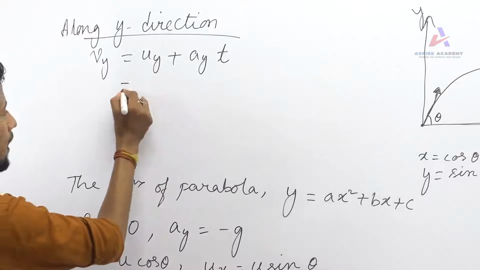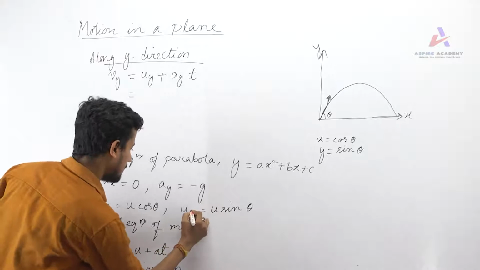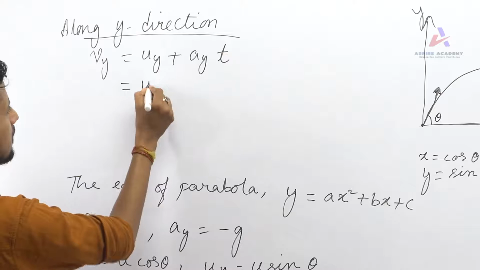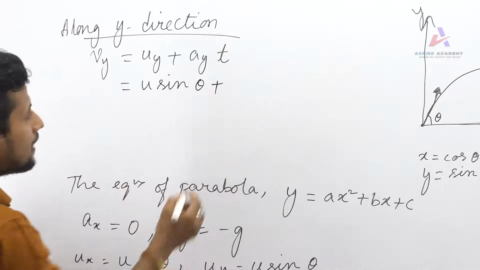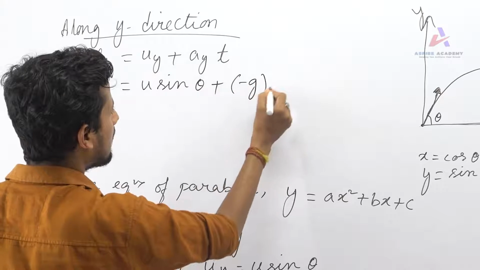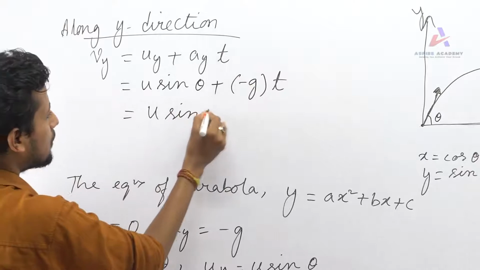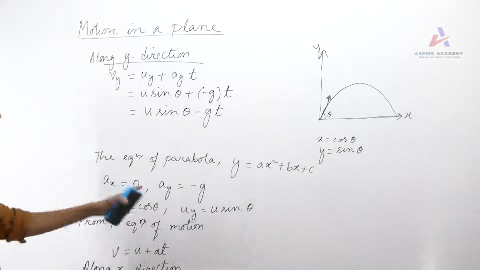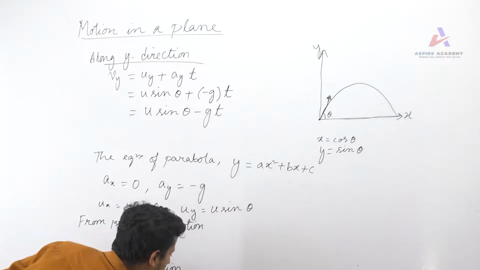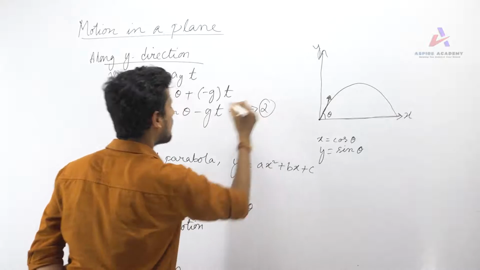Now you see, what is uy? uy is u sin theta. What is ay? Minus g, into t. So the equation takes the form u sin theta minus gt. We can give the first as equation 1 and this as equation 2.